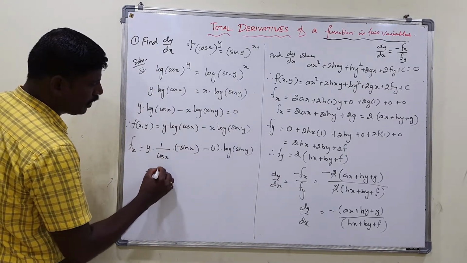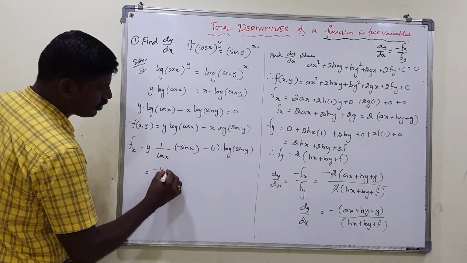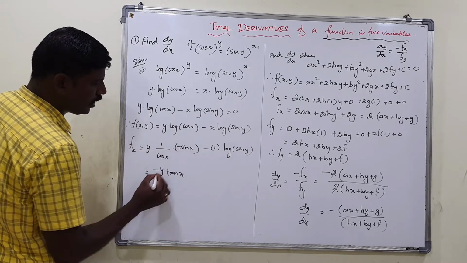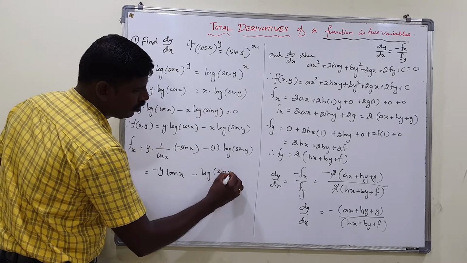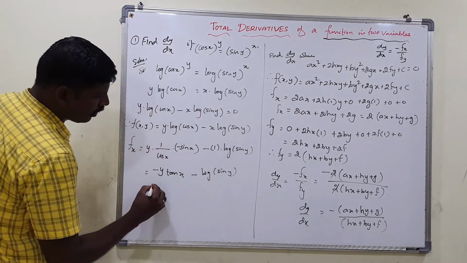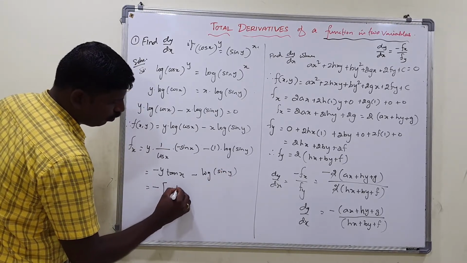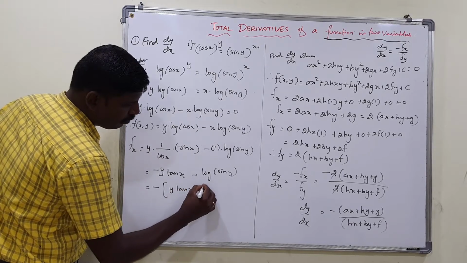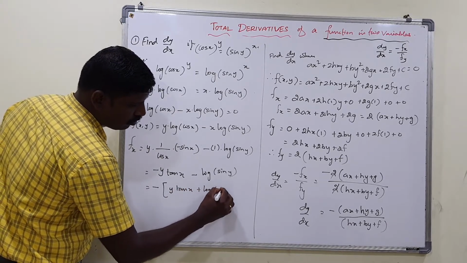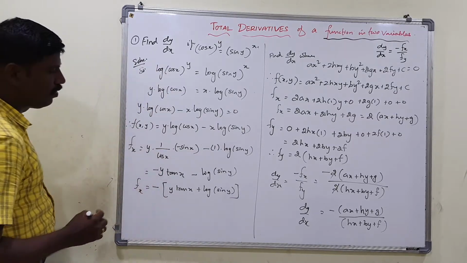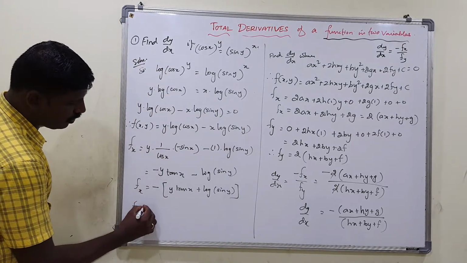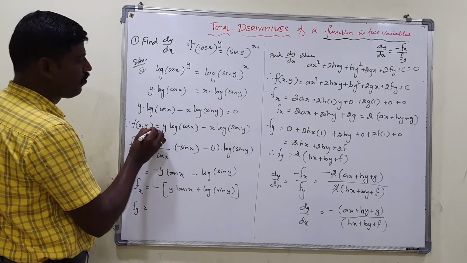That is equal to minus y. Sin x by cos x can be written as tan x. This minus is taken to the front. Minus log of sin y, right? Shall we take minus as common? Minus of y tan x plus log sin y, right? This is the value of fx. Then what is fy? Taking the derivative of f with respect to y.